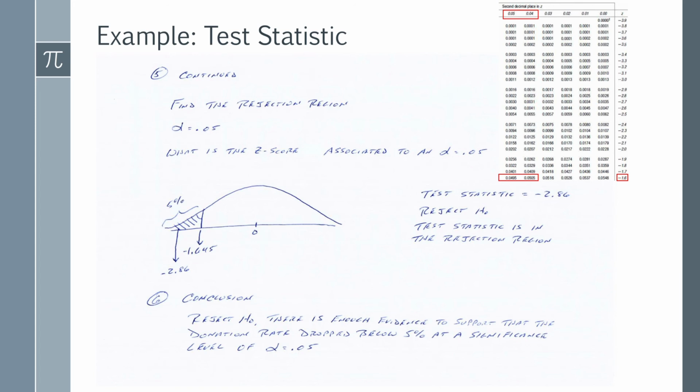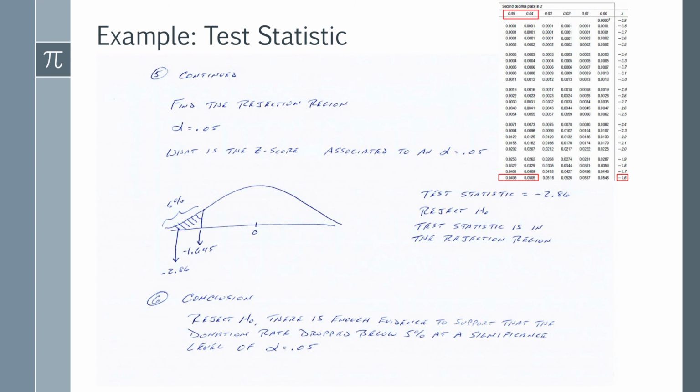The 0.0495 is associated with a z-score of negative 1.65, and the 0.0505 is associated with a z-score of negative 1.64. So the z-score that's associated with 0.05 in the area is going to be in between those two. The number that is directly in the middle of negative 1.65 and negative 1.64 is negative 1.645. So that's going to be our cutoff.